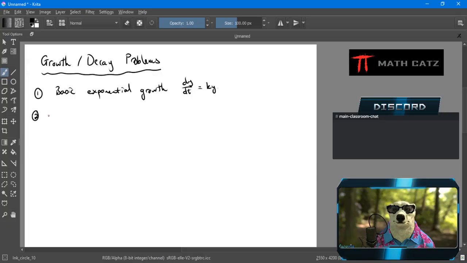Secondly, we flip that around to radioactive decay that had the same differential equation, but we now had a decay constant being negative, but the decay rate, the rate of change, is still proportional to how much of the material is left. Then we said, well, our basic exponential growth is fine up to a point where it then becomes a little unrealistic due to space limitations.